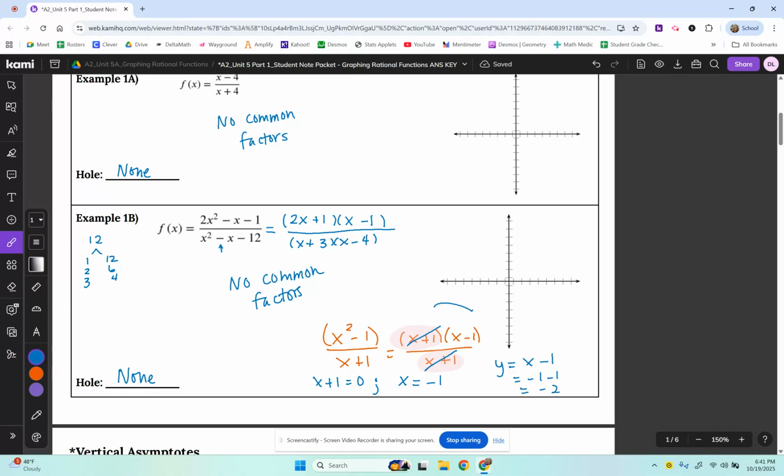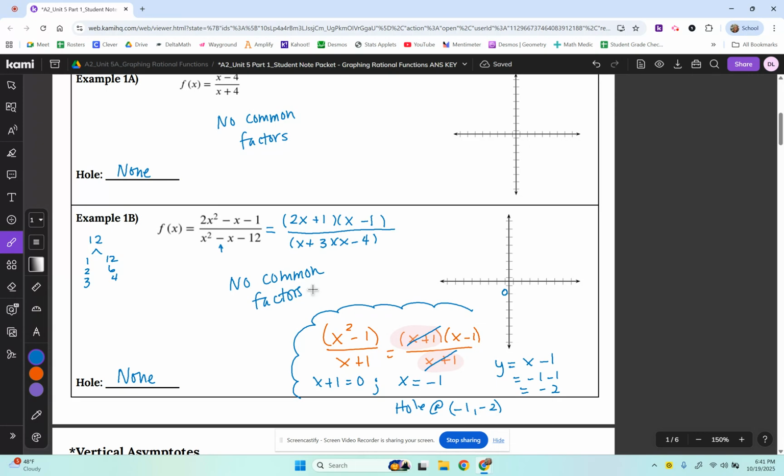So for this example, I would have a hole at negative 1, negative 2. And if this were my graph up here, I would go to negative 1, negative 2 and draw a circle. I know my graph would go through that point, but jump over negative 1, negative 2.